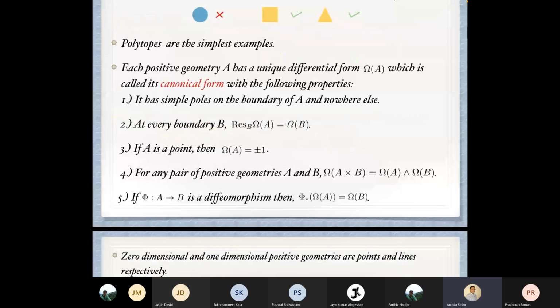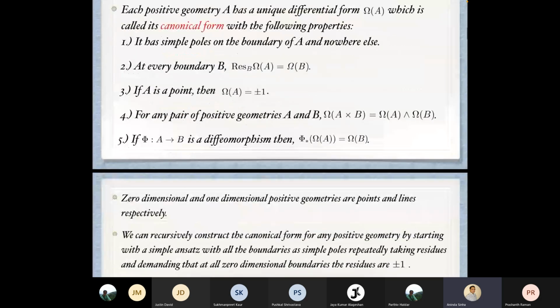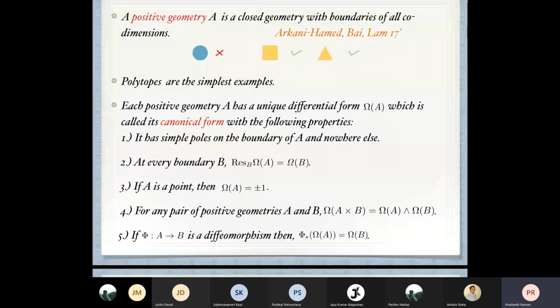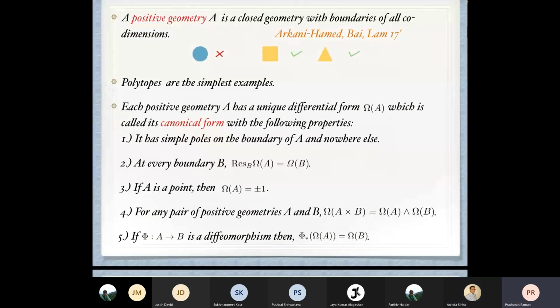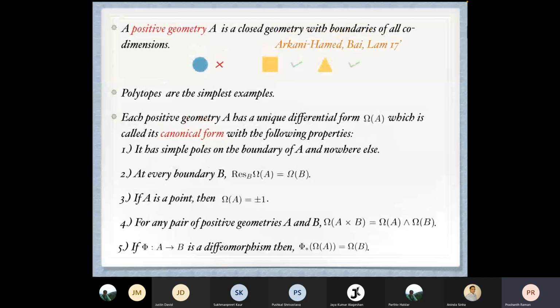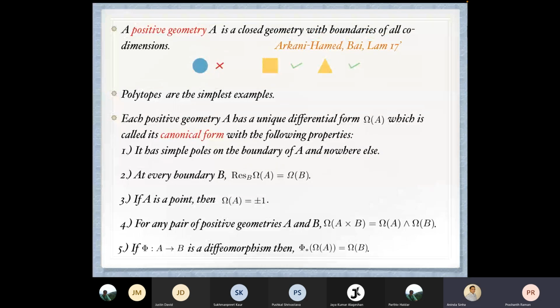Like, is the criteria that you're using to define a positive geometry going to change if you change your basis vectors? No. It's not something which depends on the basis vectors. I haven't been very precise with the definition, but it doesn't depend on any of those things. Okay.